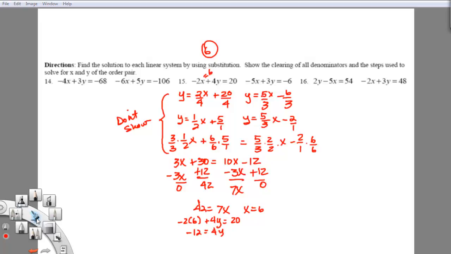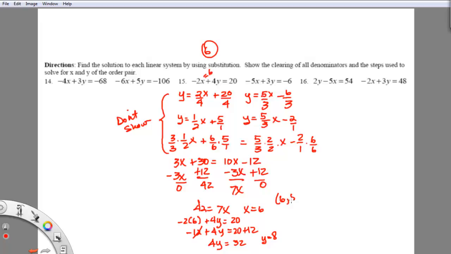Excuse me there. Fix that. It's not equals. Equals 20. We're going to add 12 to each side. That will be gone. So now I'll have 4y equals 32. Divide each side by 4, so y equals 8. So that is our ordered pair for the solutions 6 and 8.